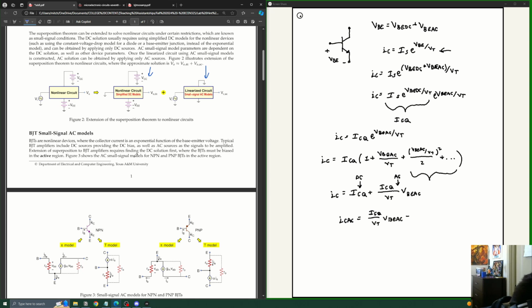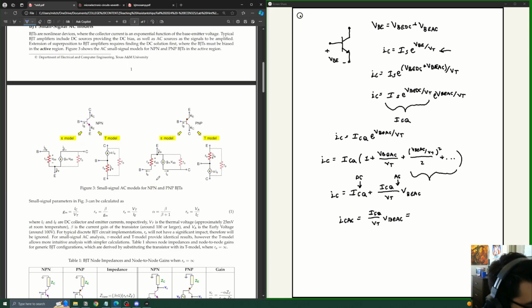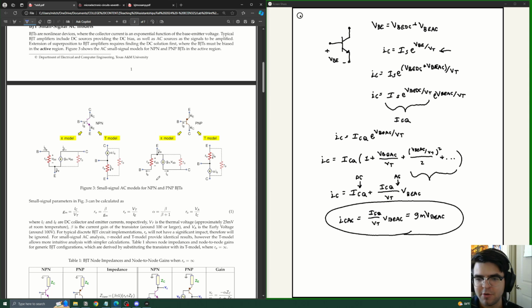VBE,AC. Now what you might notice, if you remember the equations for this, is that this is actually called gm. It's the applied voltage to the collector current gain, and this is one of the variables for our small signal model.